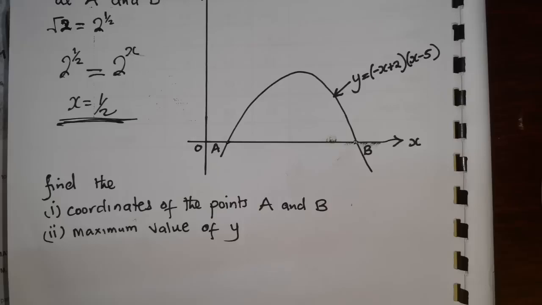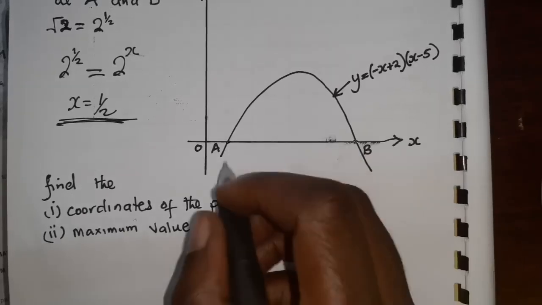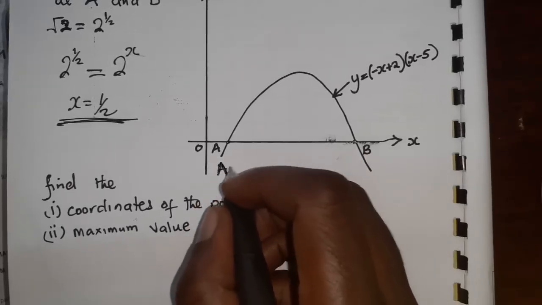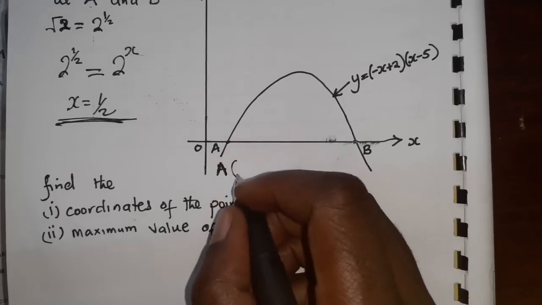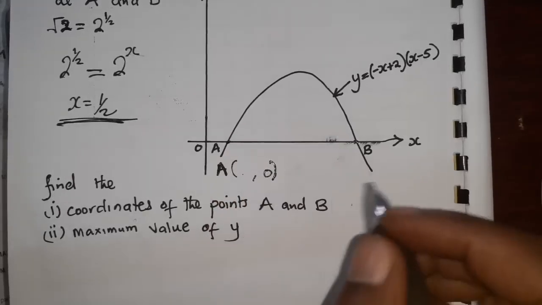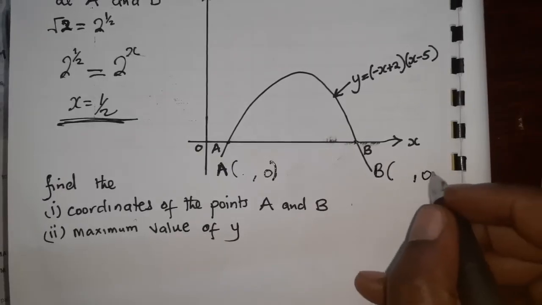Now, one thing that you're supposed to know is that you already know that y is 0 here. So we know that the coordinates of A, we have the x coordinate, comma 0 here. Even on B, we have the x coordinate, comma 0.